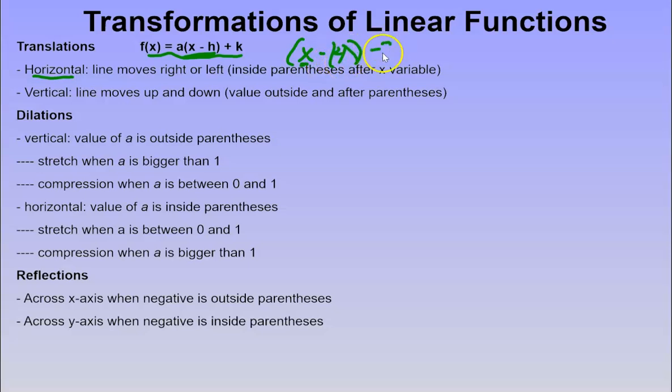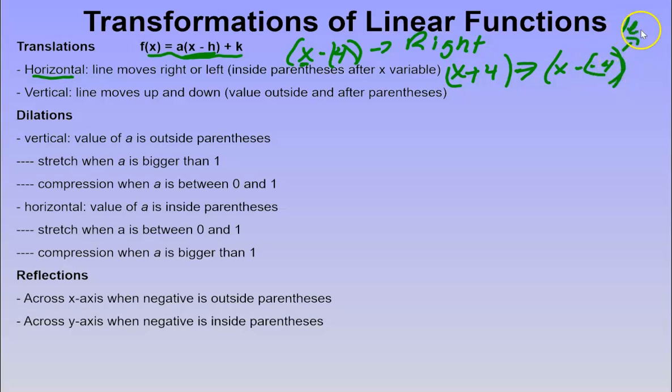So this would mean it goes to the right 4. And if I had x plus 4, this is the same thing as saying x minus a negative 4, because minus a negative 4 means I'm really adding 4. So my h here is a negative 4, which means I would go left 4.